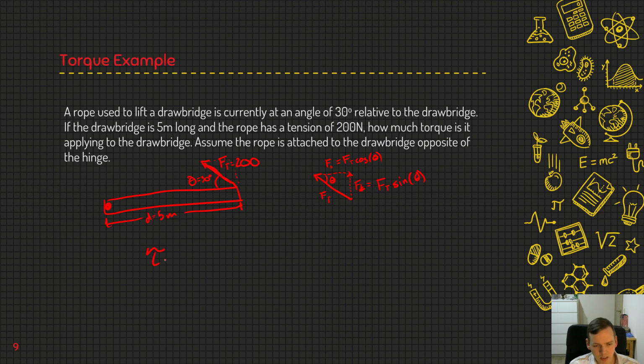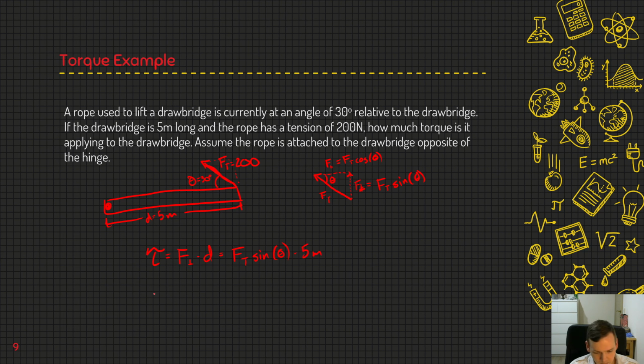So torque is just equal to the force perpendicular times the distance, which in this case is Ft sine theta times 5 meters.